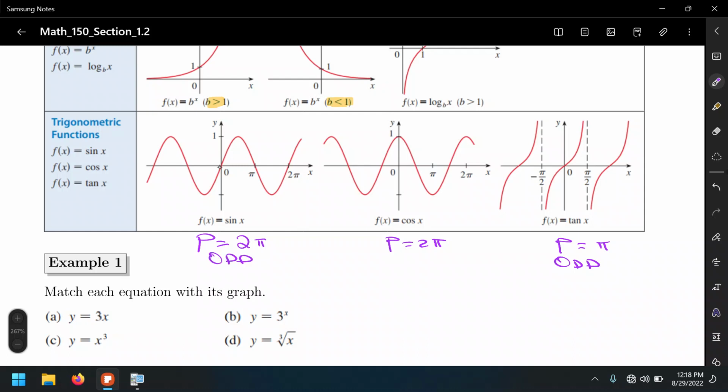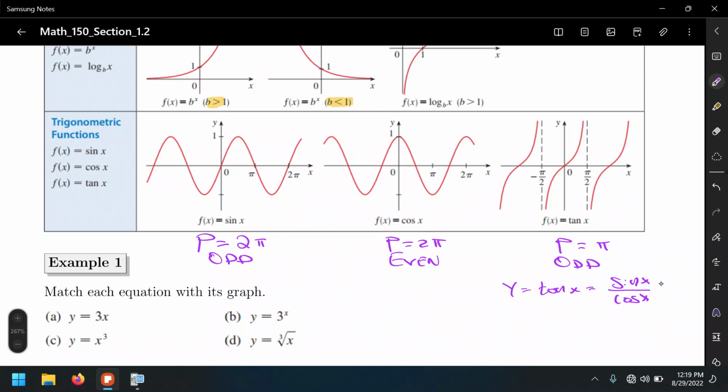And how do we know it's odd? Well, from the graph, notice it's symmetric about the origin, whereas cosine is symmetric about the y-axis, and that's even. And well, one way to determine the parity of the function tangent is looking at the graph. However, if you define y equals tangent as the quotient of sine over cosine, that's one of the identities.